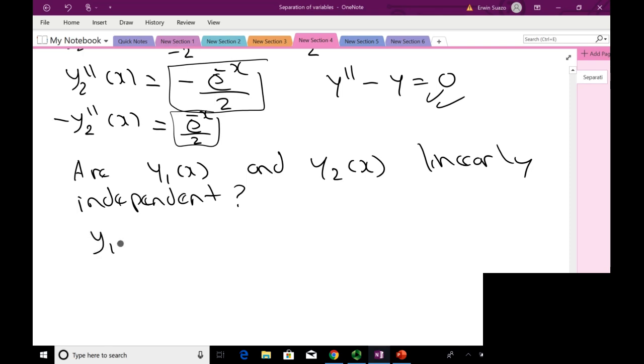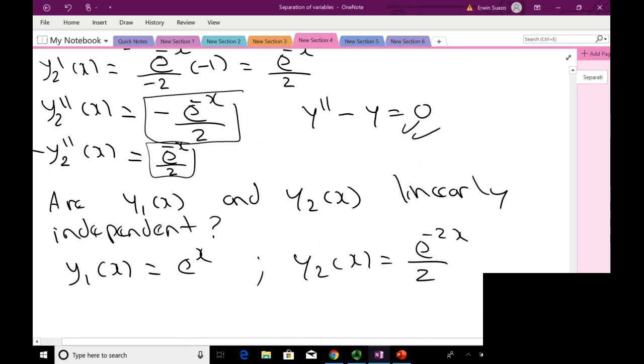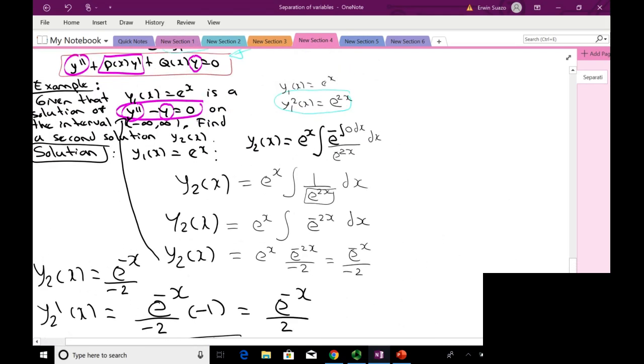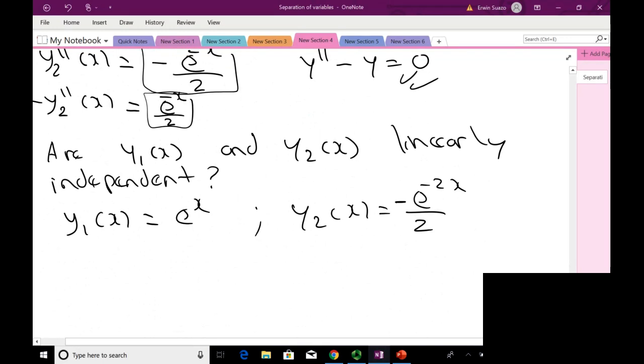So y1 of x is e to the x, right? And y2 of x is minus e to the minus 2x divided by 2. So those are my two functions.